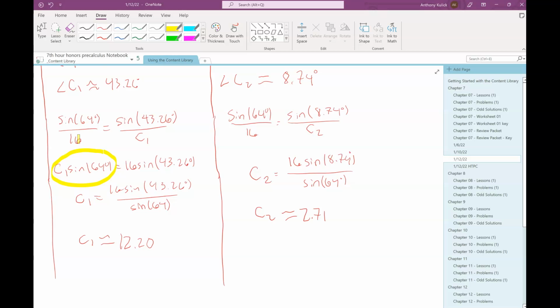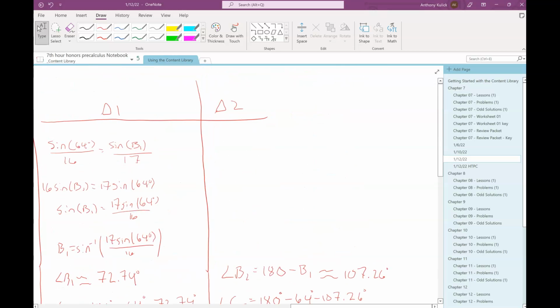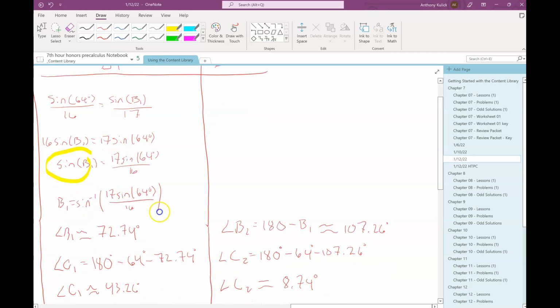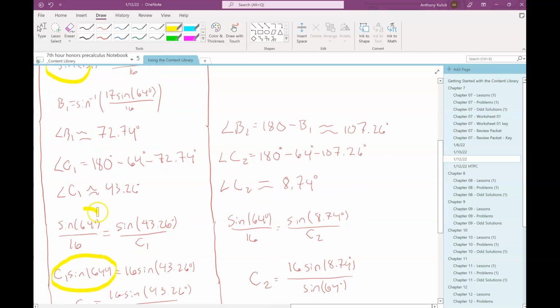Okay, that's why I got confused about when you divide by sine and when you do the inverse. Well, what's inside of my sine here? The variable. What's inside of my sine here? The degree, a number. So that's the difference. Okay, so when you have a variable in it, that's when you do the inverse. Yep. Because you're just trying to get rid of the sine altogether, right? Not get rid of that number.